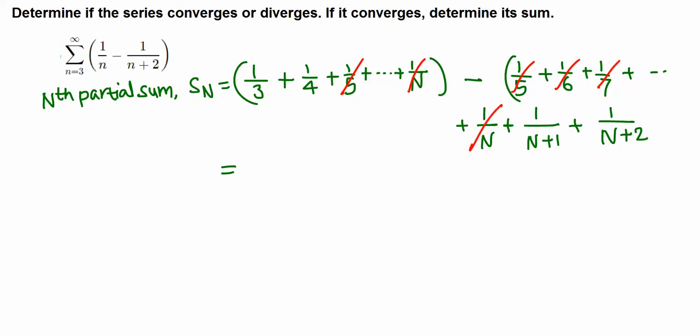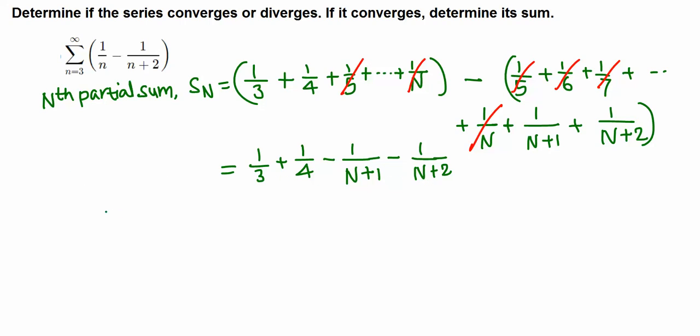So we are left with the first two terms, 1/3 plus 1/4, and the last two terms, minus 1 over N plus 1, and this negative we need to distribute, negative 1 over N plus 2. In fact, if you look at the gap between these two terms, N and N plus 2, that's a gap of 2. So we always have 2 first terms positive and 2 last terms.